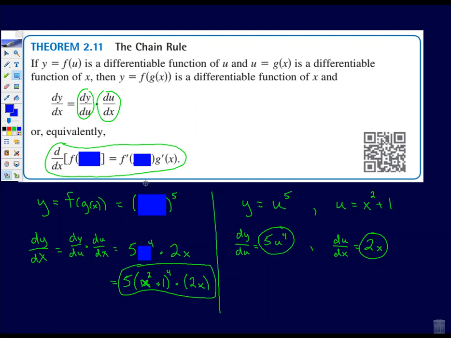Okay, and then the second part of the chain rule is to uncover the box, and once I uncover it, put its derivative beside here. So what I did there was the power rule first, 5 times something to the fourth, and that something is x squared plus 1. So at the end of the problem, it's 5 times x squared plus 1 to the fourth.